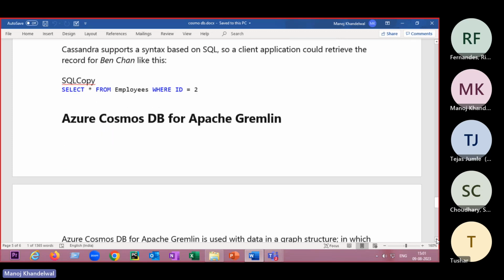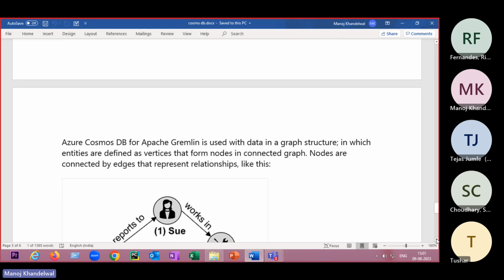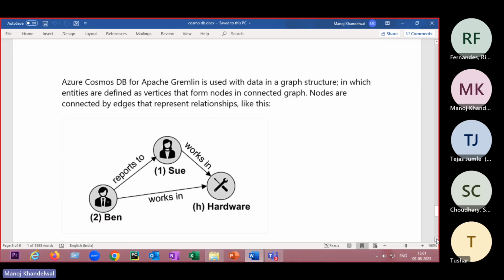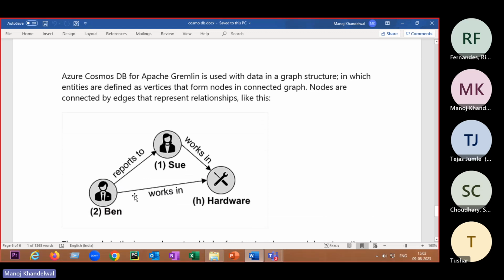Then we have Apache Gremlin. This is also very famous. This is for storing the data in the form of graphs like this. Many times, for some business applications, it's always good to use graphs.